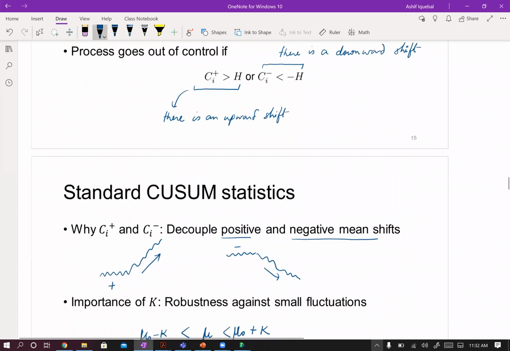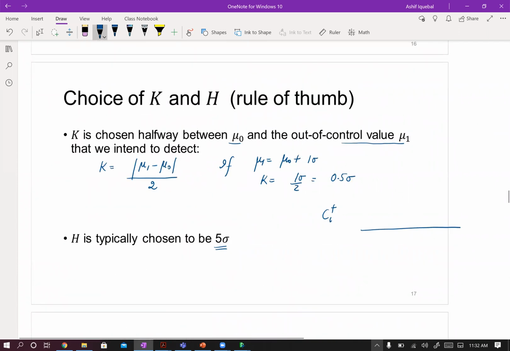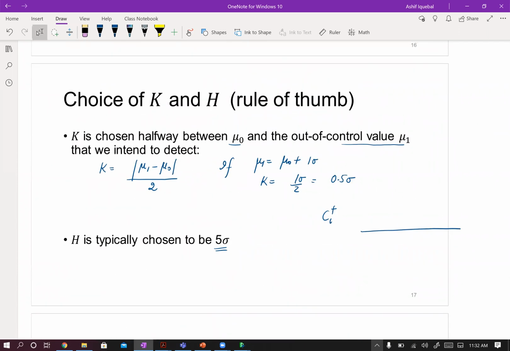So what happens is when you construct your control chart for Ci plus, it will have a minimum value of 0, and then you will start to plot Ci here. Okay. And this is where you will have your 5 sigma, which is your control limit.